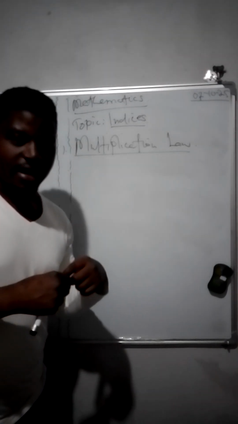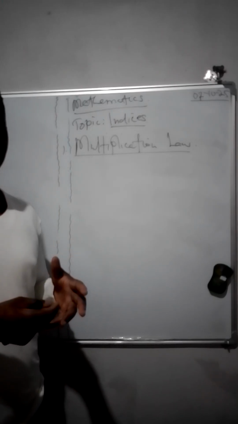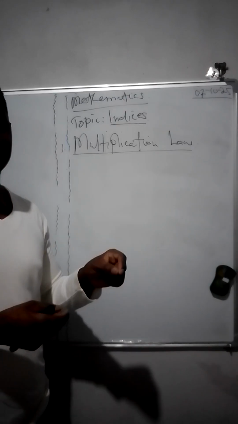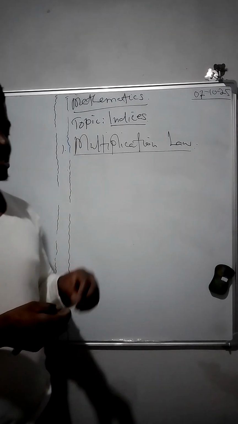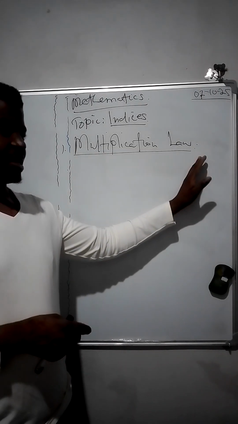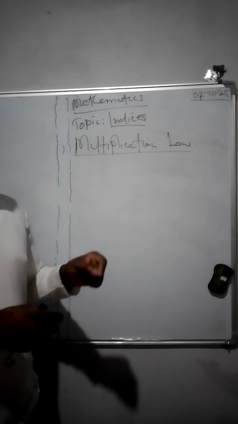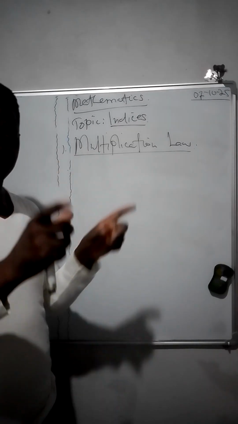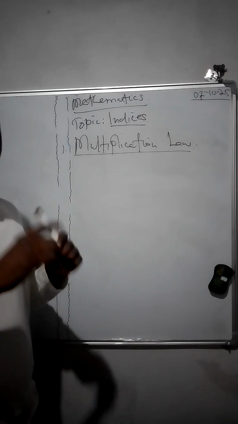It states that when you multiply a number by a number with the same base, you add the powers. So if you are multiplying numbers with the same base and different powers, you add the powers and then pick one base of that same number.